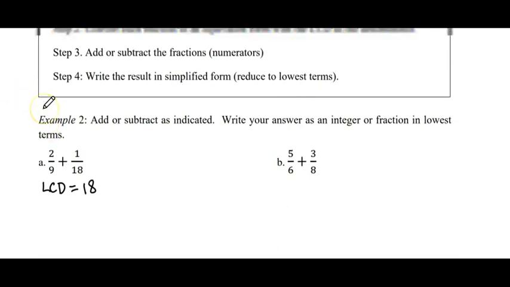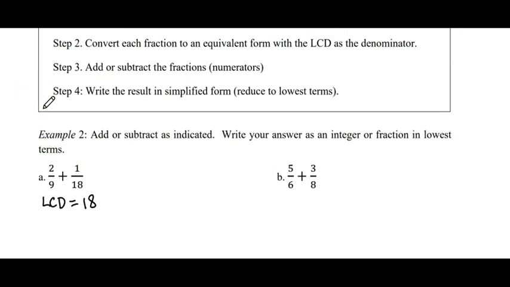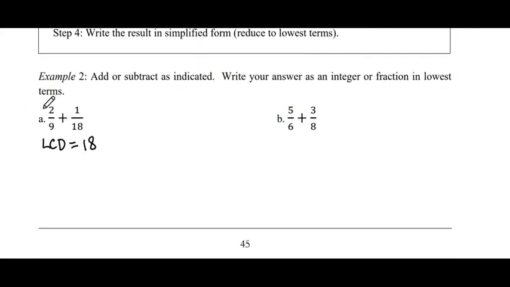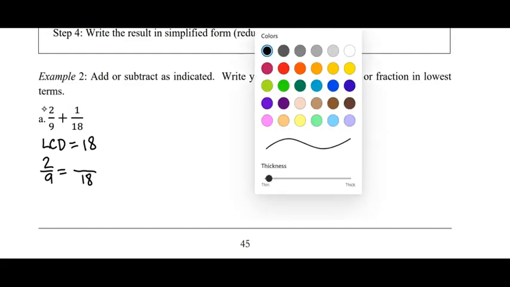Step number 2, again, convert each fraction to an equivalent form. So we had 2 over 9. Now it needs to be over 18, that's the new denominator. I don't know what the numerator over 18 is going to be, but I do know that 9 goes into 18 exactly 2 times.